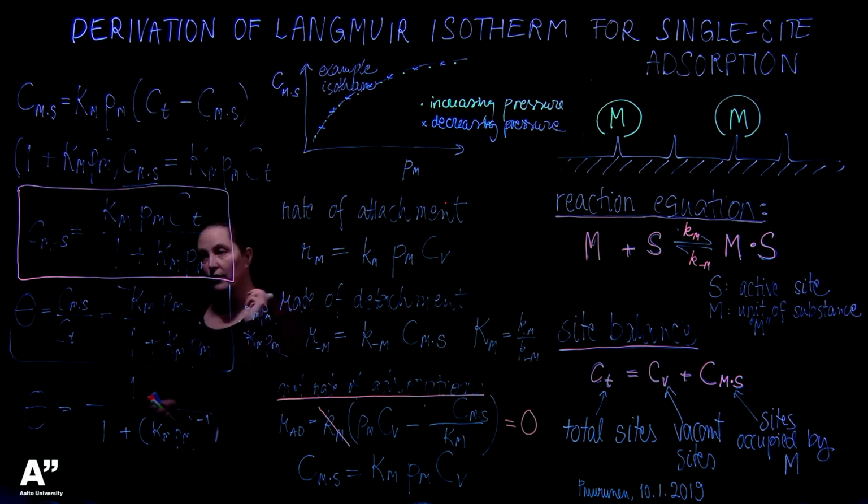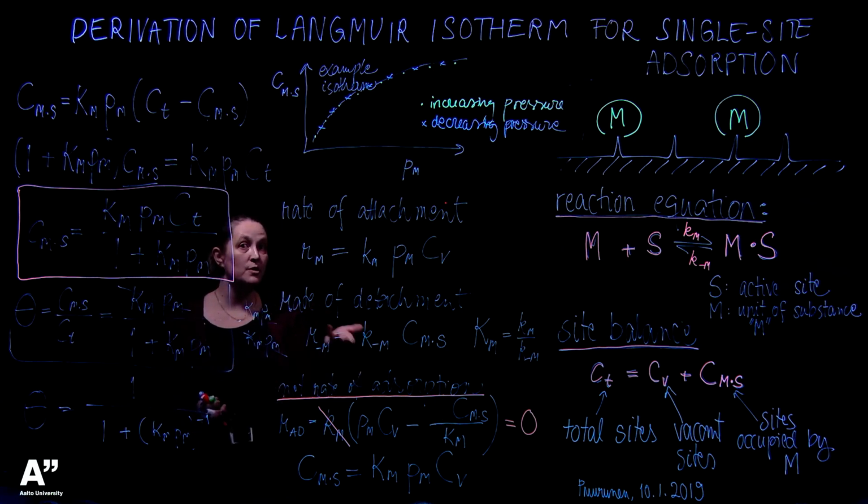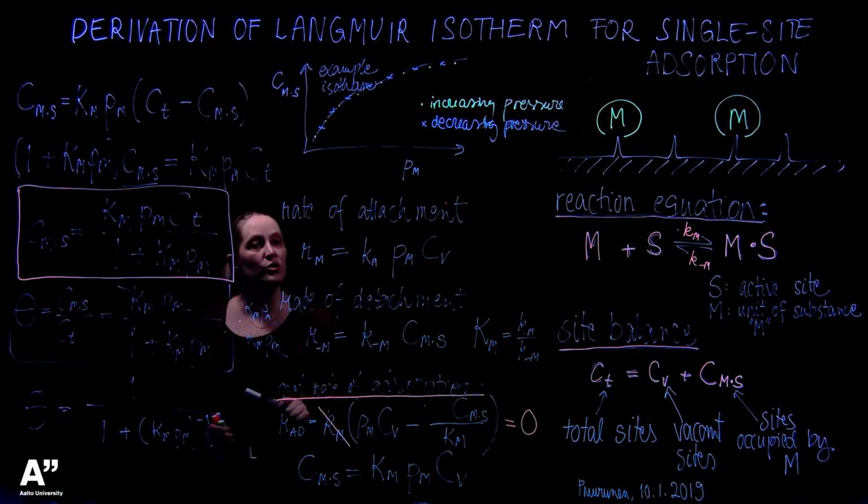So the Langmuir adsorption isotherm is a model that describes the simplified reaction, assuming adsorption of a substance from the gas phase to the surface, where all sites are equal, where the adsorbing species do not interact with each other, so that this rate equation is valid. We have the constant times the pressure times the concentration.